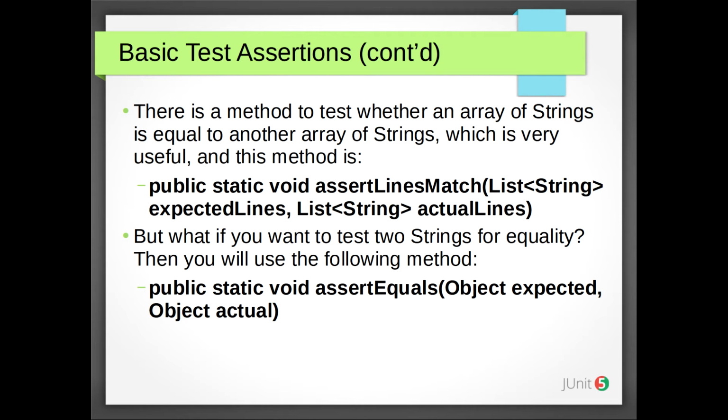There is a method to test whether a list of strings is equal to another list of strings, which is very useful, and this method is public static void assertLinesMatch(List<String> expectedLines, List<String> actualLines).